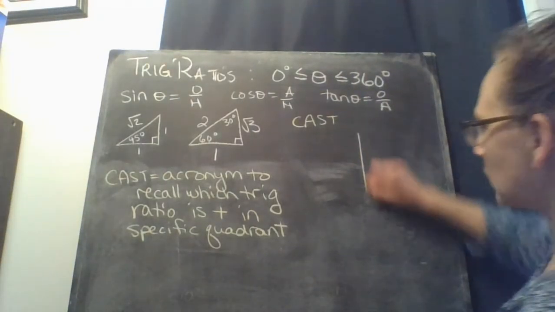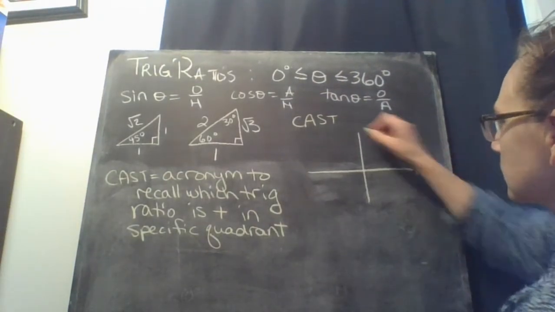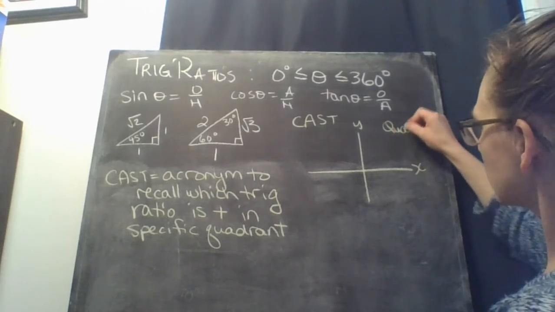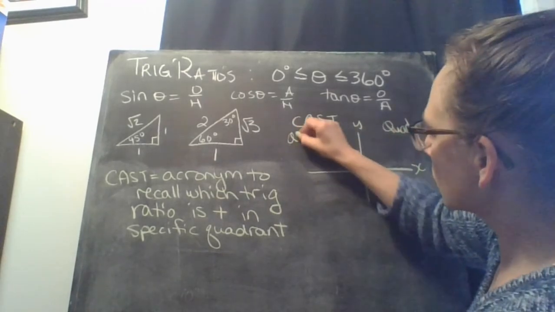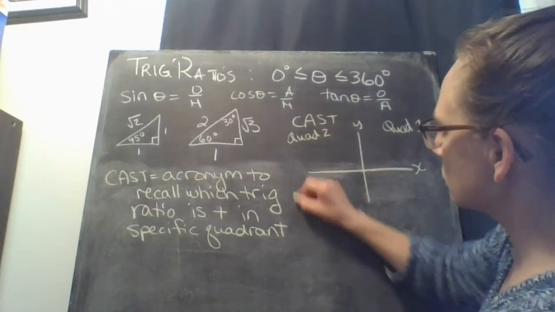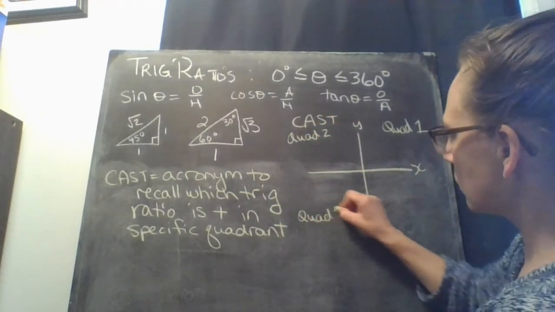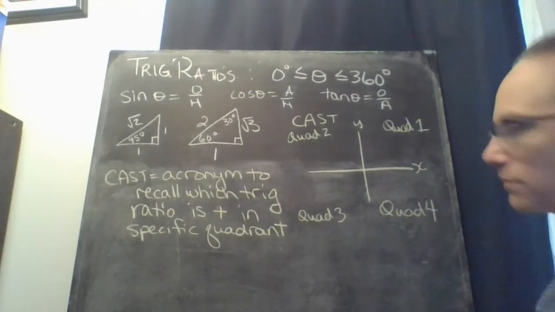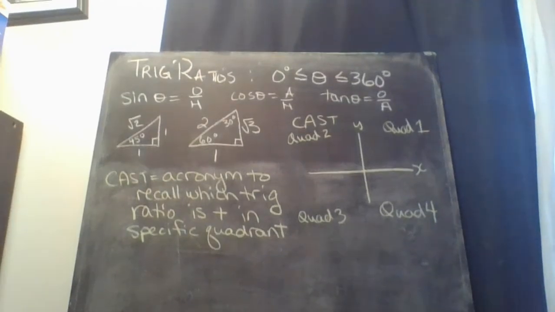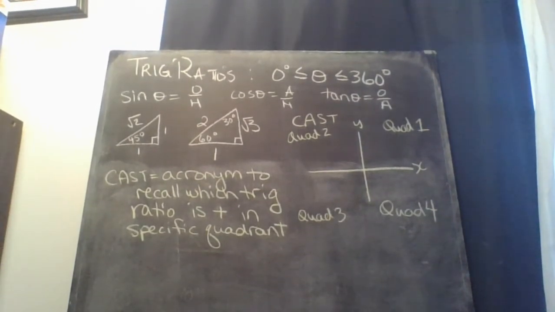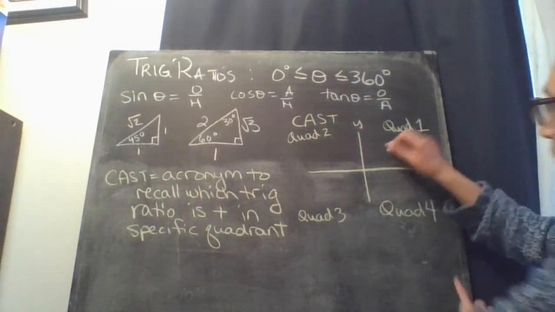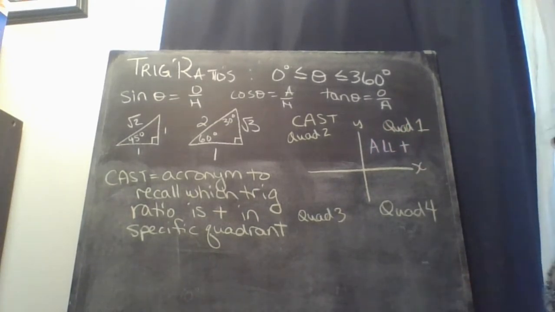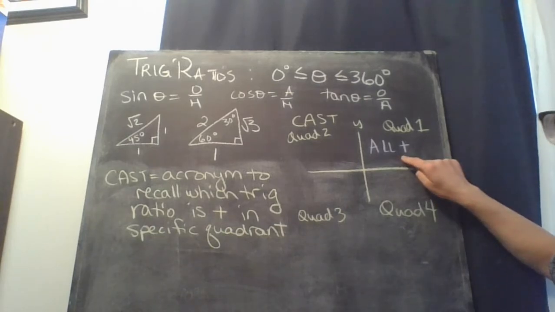So here's my xy quadrant. There's my x, there's my y. So we've got quadrant 1, quadrant 2, quadrant 3, and quadrant 4. And in there, well, all of them are positive here. So sine, cos, and tan are all positive in this quadrant.